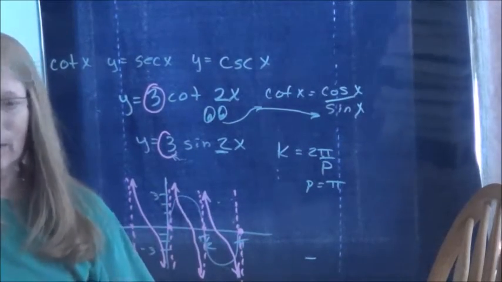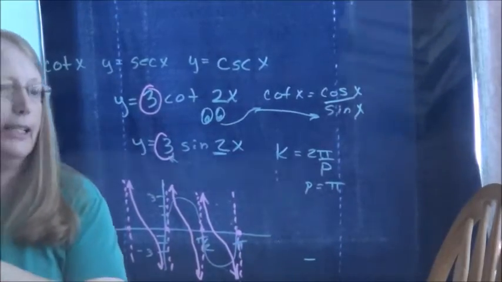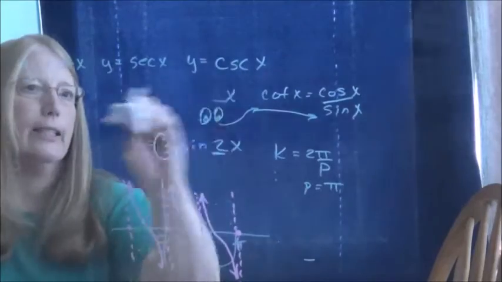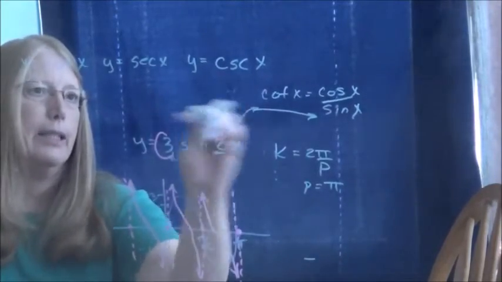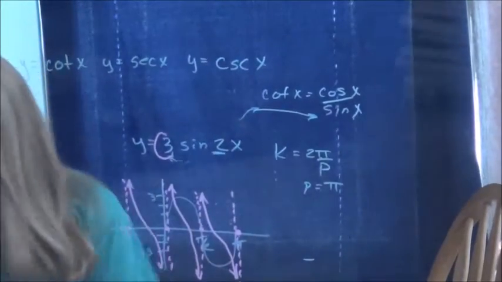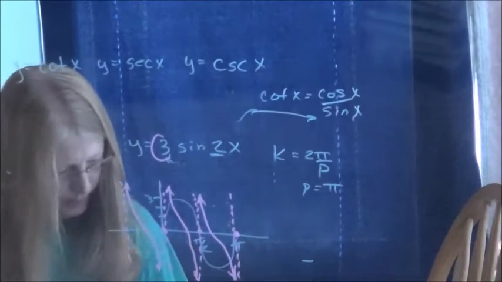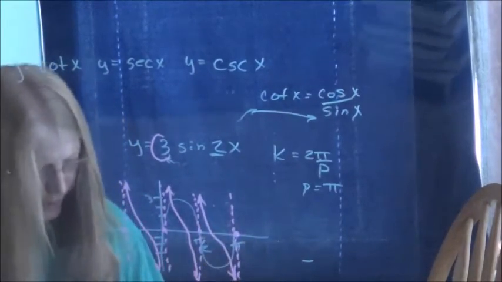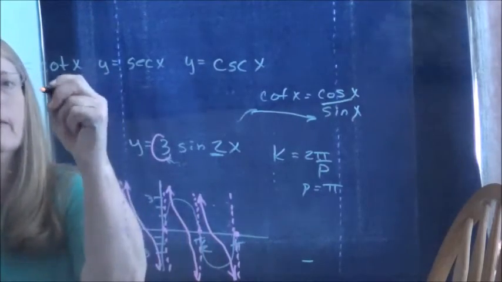Alright, let's try another one. I'll write it down, and you start it while I finish erasing. Here, I'll put the problem right there. And it's going to be y equals negative 2 cotangent x over 3.